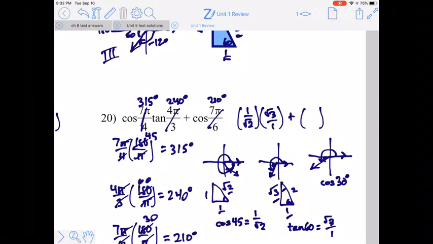And the adjacent length would be square root of 3, and the hypotenuse would be 2. So cosine of 30 is square root of 3 over 2. But since we're in quadrant 3 here, and only the tangent and cotangent are positive in quadrant 3, this one's got to be negative. So it's negative square root of 3 over 2.